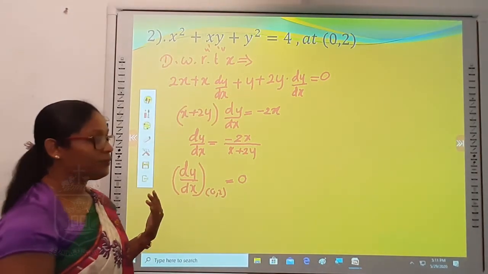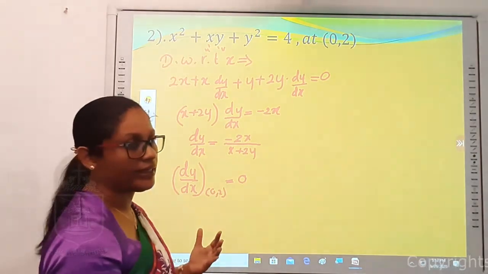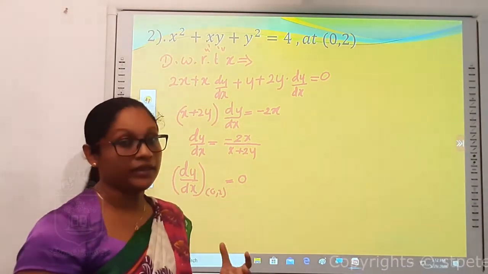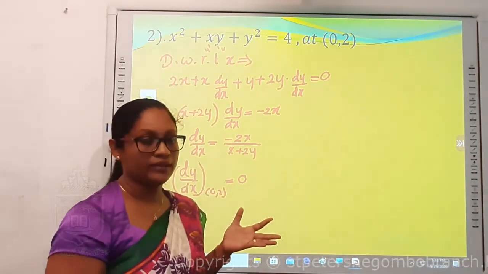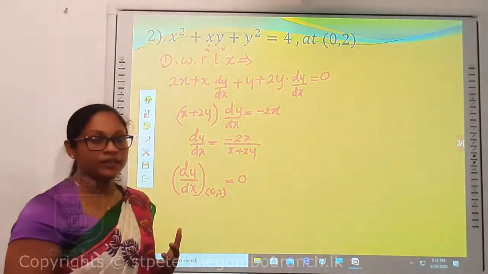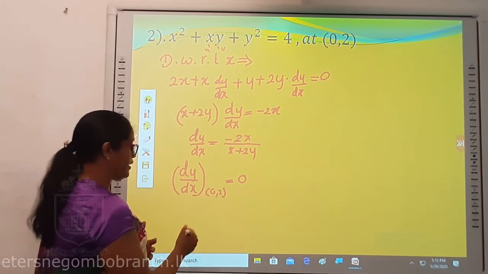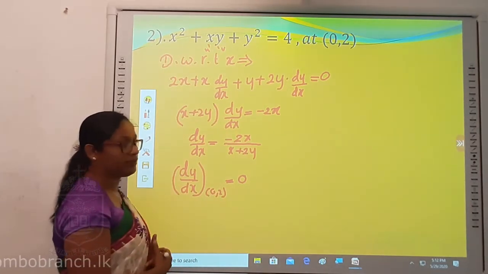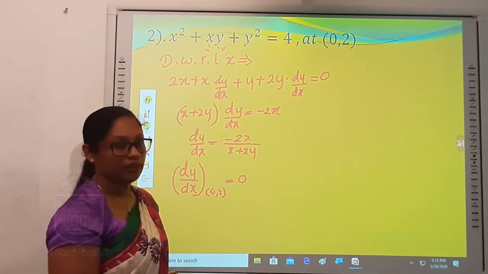We know that when a line is parallel to the y-axis, we can't find tan theta; it goes to infinity. We can't talk about the gradient there. So in this case we can't find the gradient of the normal. We can say that the slope goes to infinity, that it is parallel to the y-axis.